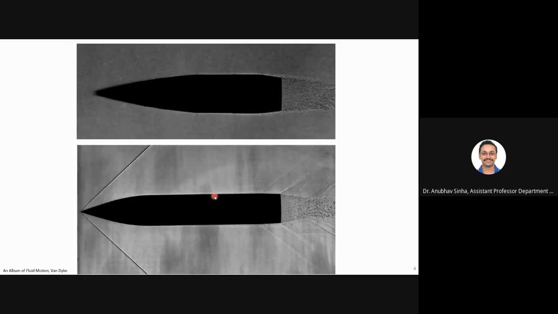So these are two stereo images of similar type of objects. Which one do you see a shock in? Can you please comment? Which picture do you see the shock? Top one or bottom one? Bottom.